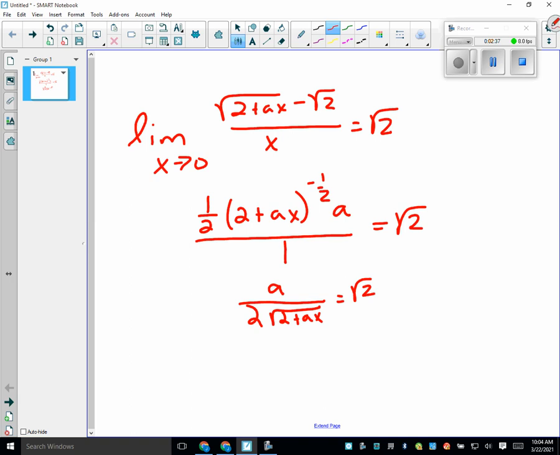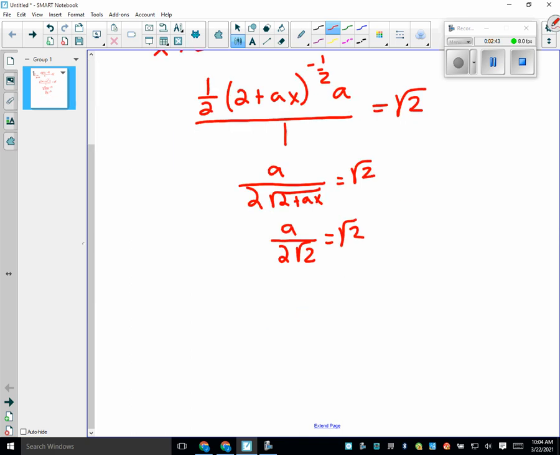So does a over 2 radical 2 equal radical 2? I see where we're going here. That makes some sense, because the a could be 0, and that's what happened. You lost that a. So I think a is what?